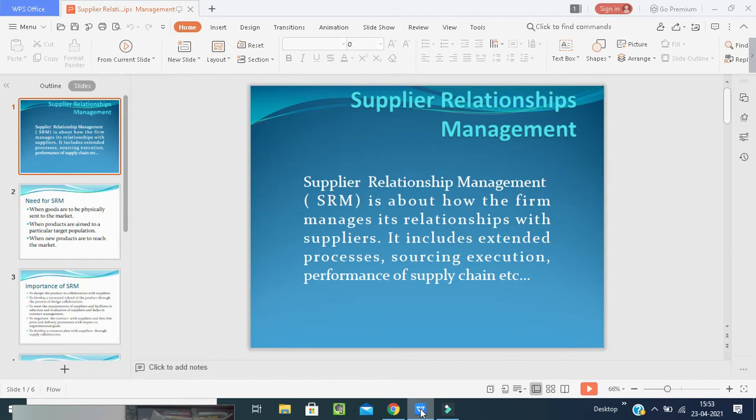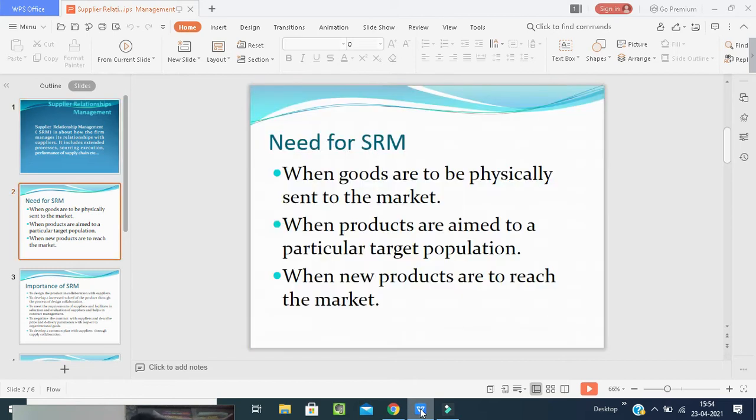Apart from that, SRM also includes extended processes, sourcing, execution, performance of the supply chain, etc. SRM consists of those processes which emphasize the upstream interface between the firm and its suppliers.